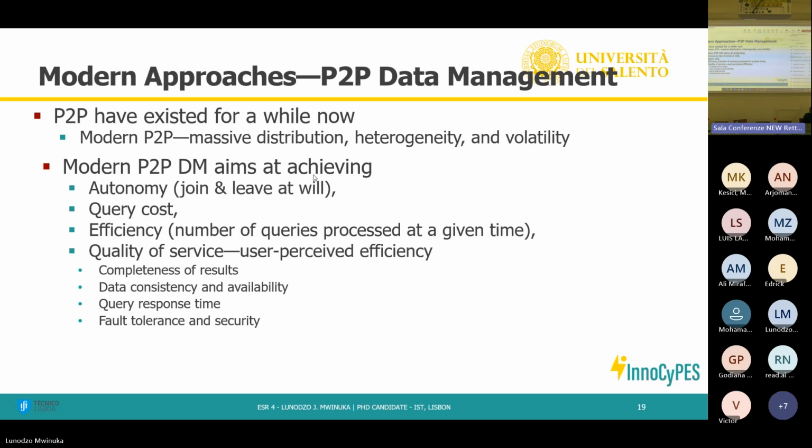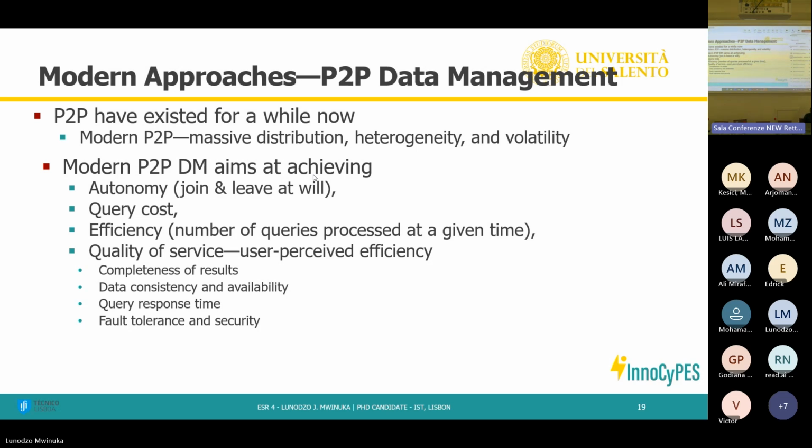These peer-to-peer management approaches also aim to improve query cost, in terms of time. When you run a query in a peer-to-peer management system, we expect to get a response in very little time. Also efficiency, which is looked at in terms of the number of queries you can run on a system in a given amount of time.